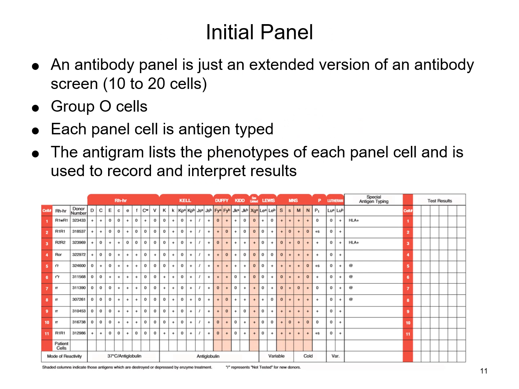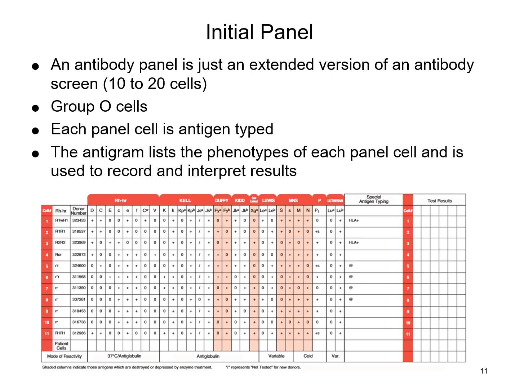So initially what we'll do is run a panel. Your panels can actually consist of 10 to 20 cells, depending on the manufacturer of that particular panel and what your particular lab chooses to use. Basically it looks like that antibody screen, except you have an extended version. You have more cells, because this is going to help you do the process of ruling out and eliminating what potential antibodies are present.